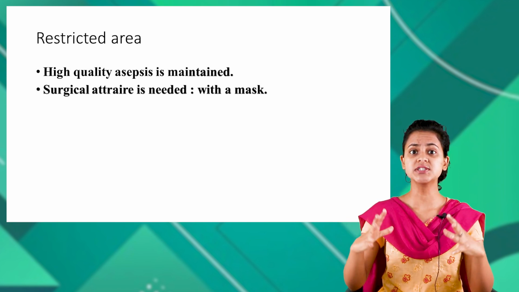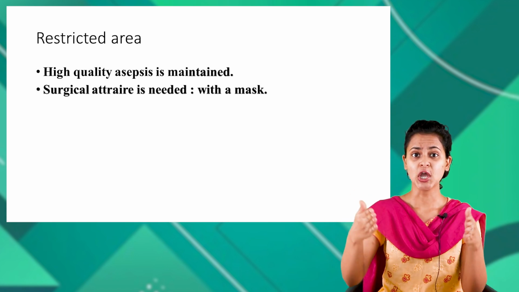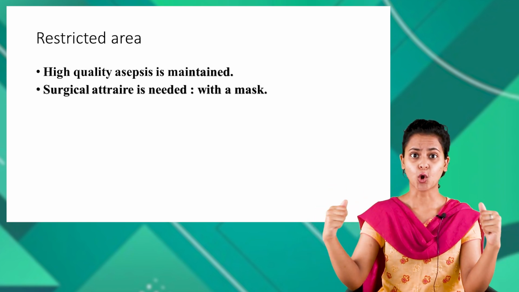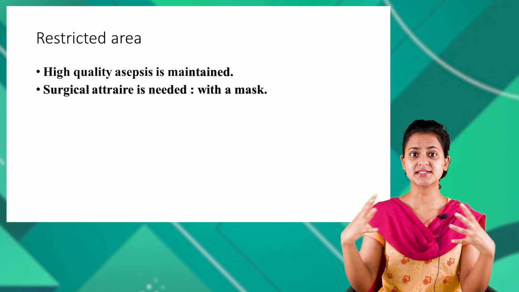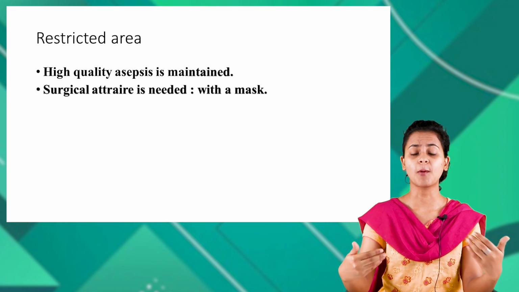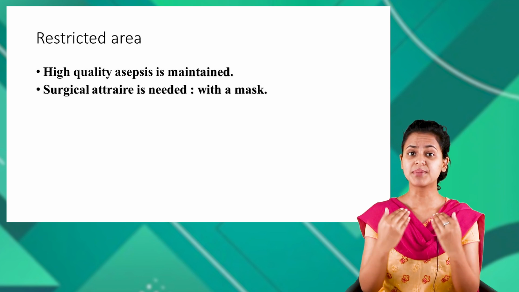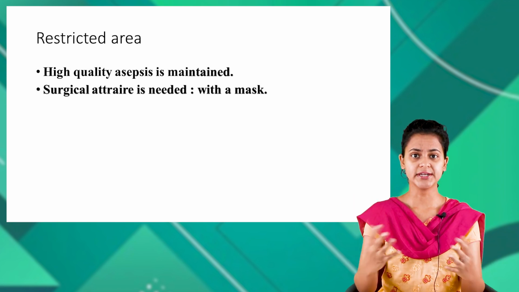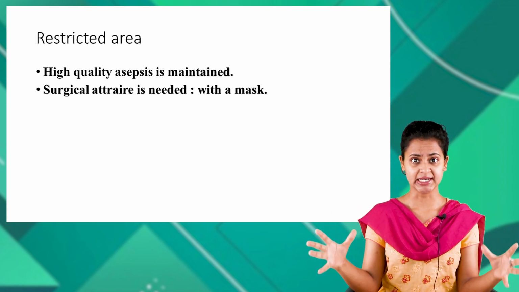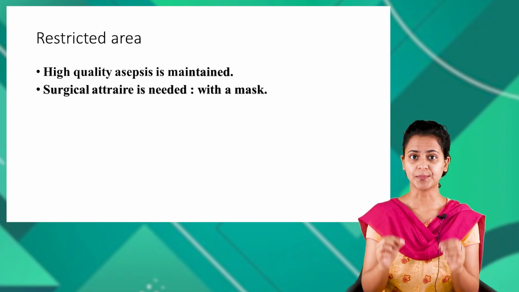The non-sterile zones are the surrounding area, and the sterile zone will be considered the area completely near the surgical table, where the surgeons and the scrub nurse or the surgical team will be present and performing the surgery for the client. That is considered the sterile area. And beside that, where the circulating nurse will be present, those areas will be considered a non-sterile area inside this restricted area or inside the operation theater.